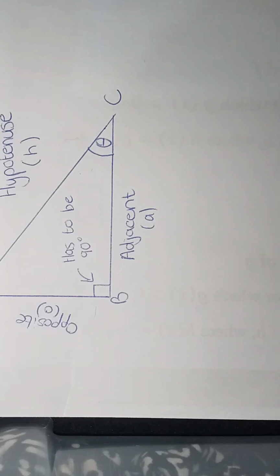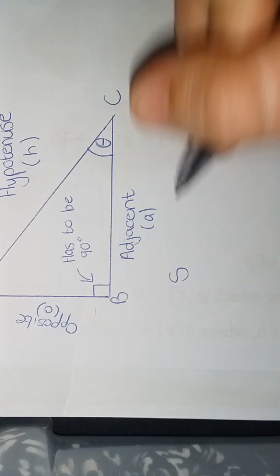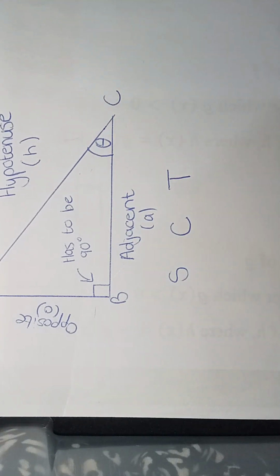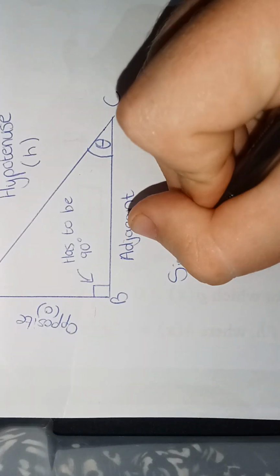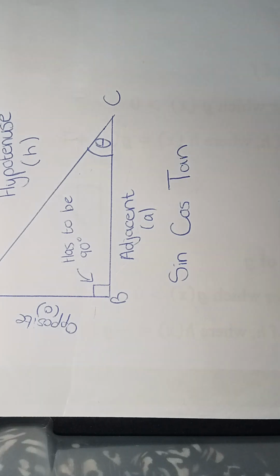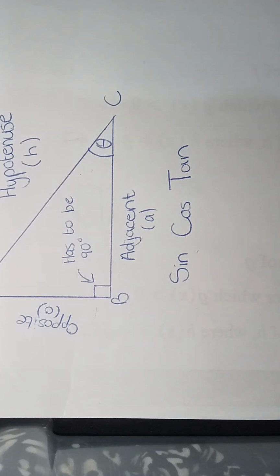Now, there are three types we have: sine, cos, and tan. We use those three in trigonometry.